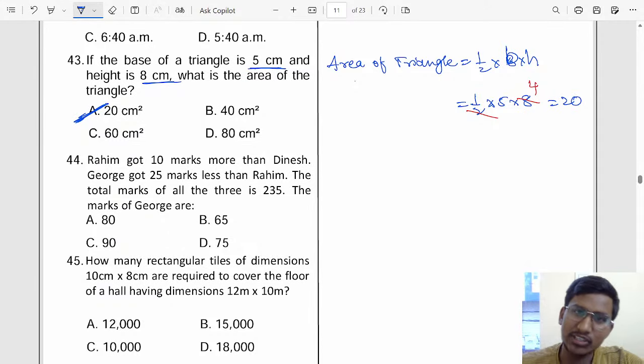So how do you find the area of a triangle? Remember this: area of triangle is half into base into height. Okay, good. So now question 44.